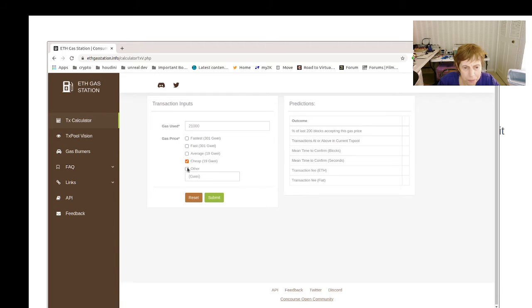So if you want to be cheap, let's say you only want to do 14. Let's see what happens. You still get 75%. So I don't know why this is doing this. It could be that I'm running on Linux, and when I was doing this on a Windows browser, I was able to change the amount of gas, but let's see.